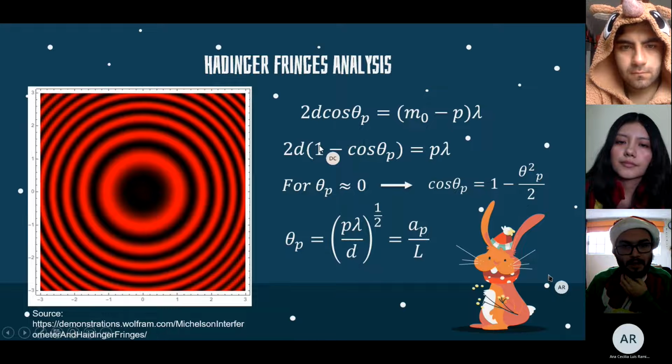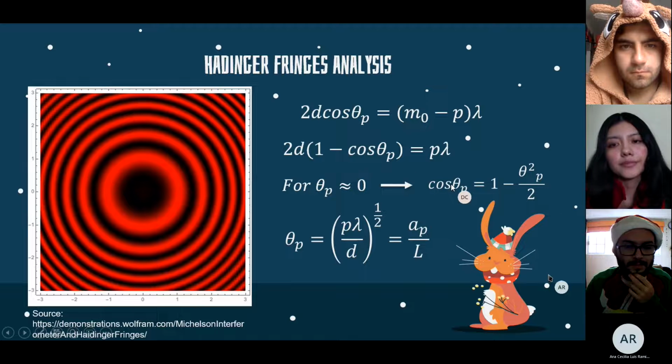And this is a really convenient equation because when we approximate theta p to 0, meaning we are in the paraxial regime, then we can Taylor expand this cosine to the second order term and substitute here. Then in the paraxial regime, we can say that theta p is just this expression over here.